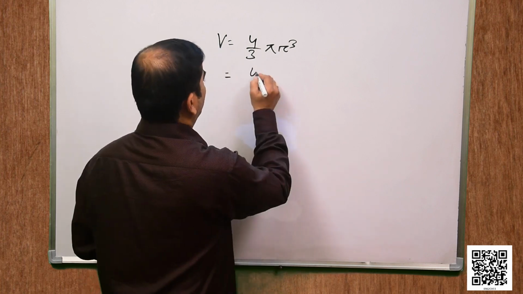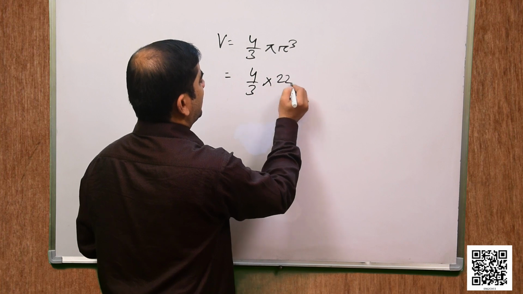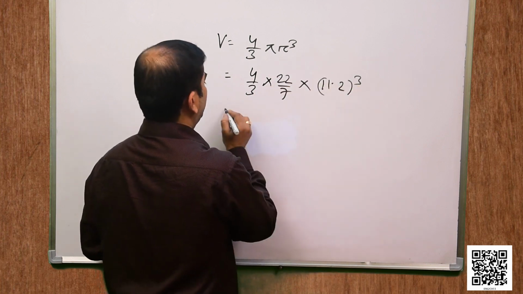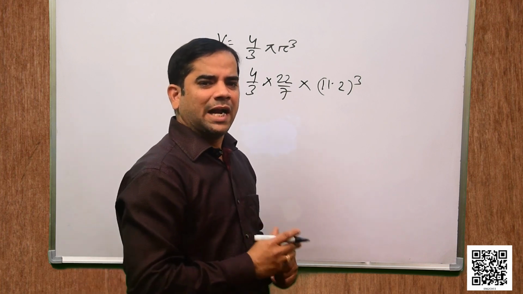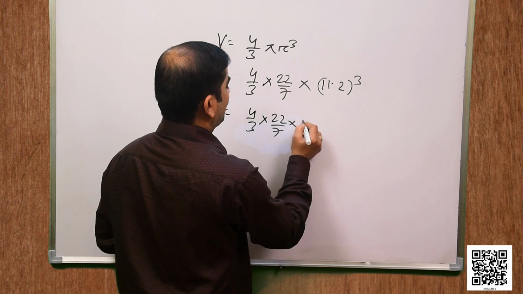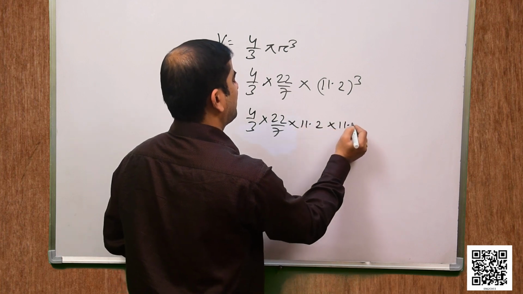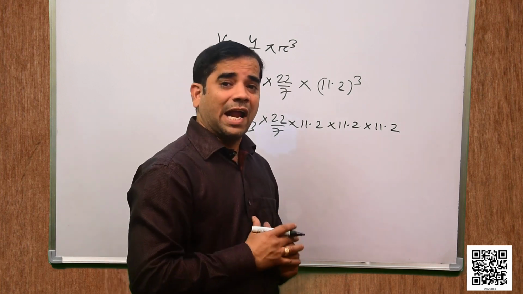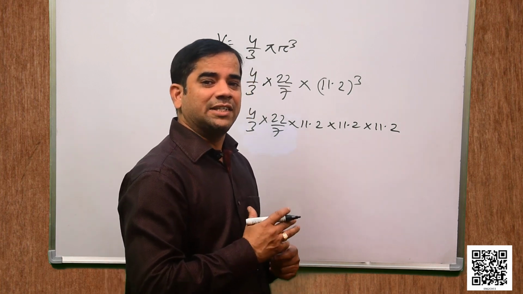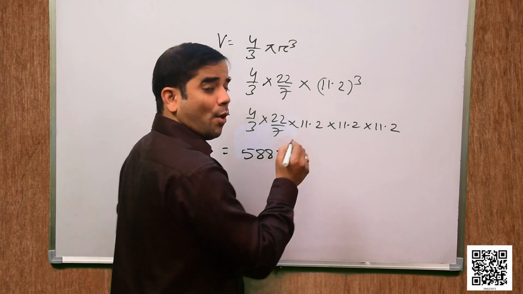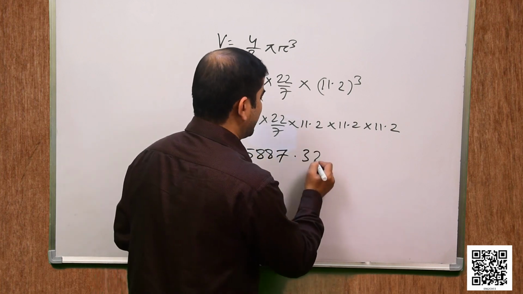That means volume is equal to 4 by 3 into 22 by 7 into 11.2 whole cube. That is 4 by 3 into 22 by 7 into 11.2 into 11.2 into 11.2. And when we calculate, it gives us a value that is equal to 5887.32 centimeter cube.